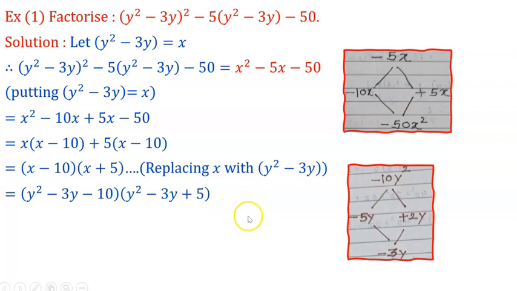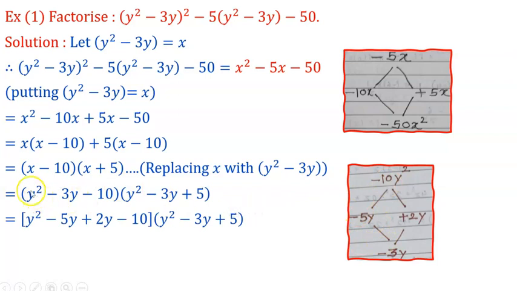Okay. Now next, factorize this y square minus 3y minus 10. The product of the first term and last term is minus 10y square. The middle term is minus 3y. The two numbers are minus 5y and plus 2y, whose sum is minus 3y and the product is minus 10y square.